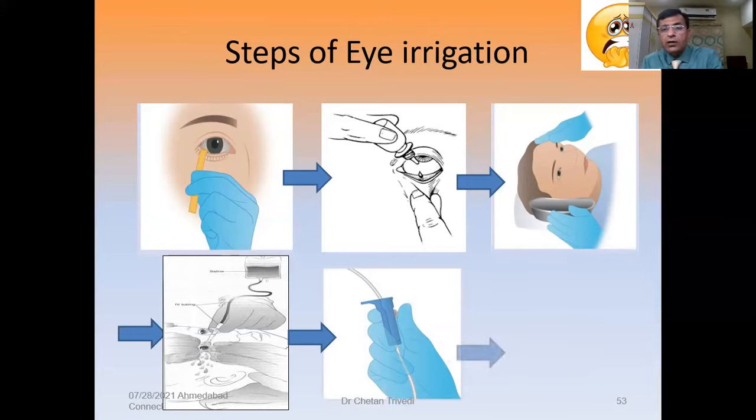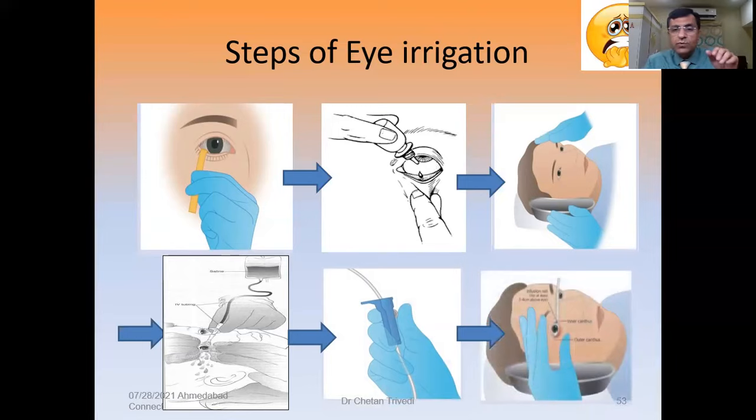Typically you do this procedure from the inner canthus to the outer canthus. You have tilted your face towards the affected side, and you give the irrigation around 2 or 3 centimeters away from the eyeball, so that it doesn't touch the eyeball, and continuously give the irrigation, and the fluid will come out. Suppose you are doing it the other way, then all this chemical fluid will go into the normal eye also.